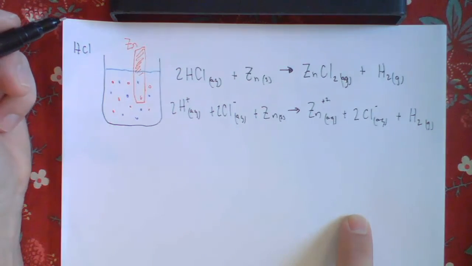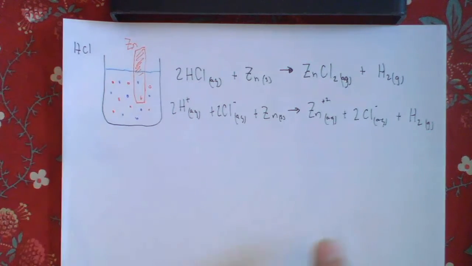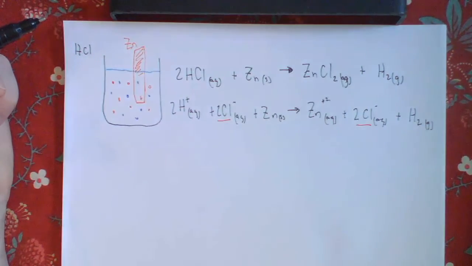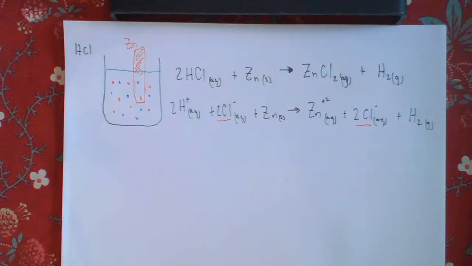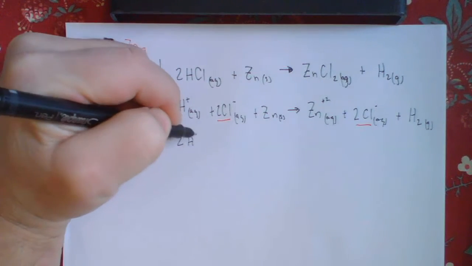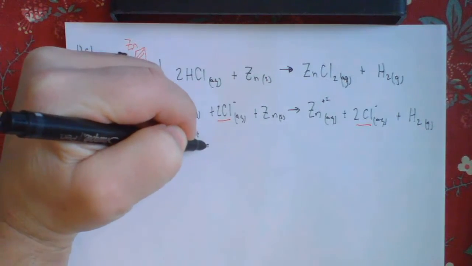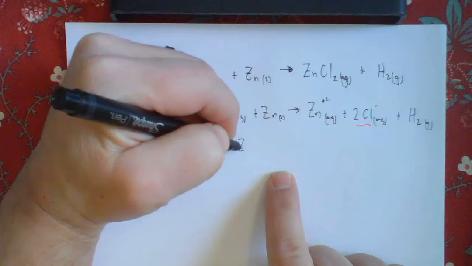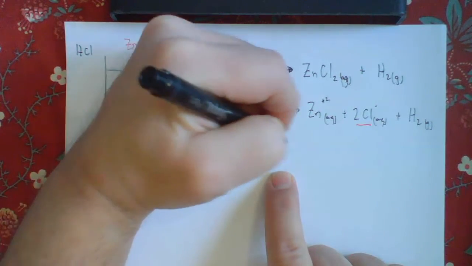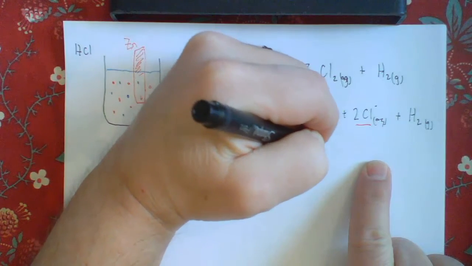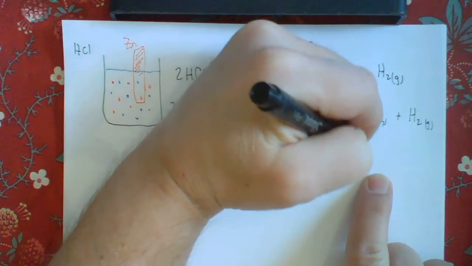Okay? So now when we start to look at our spectator, the spectator in this case was the chloride. The chloride showed up as an ion in both situations. So what we really needed to know for our complete ionic equation is that if we have an acid present, something that can donate protons, and we mix it together with some zinc, then we know that we're going to get some zinc ions and some hydrogen gas.